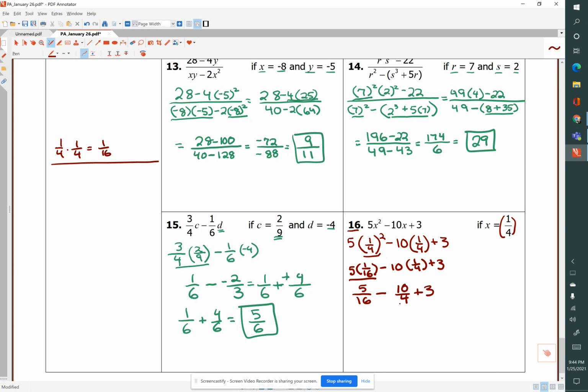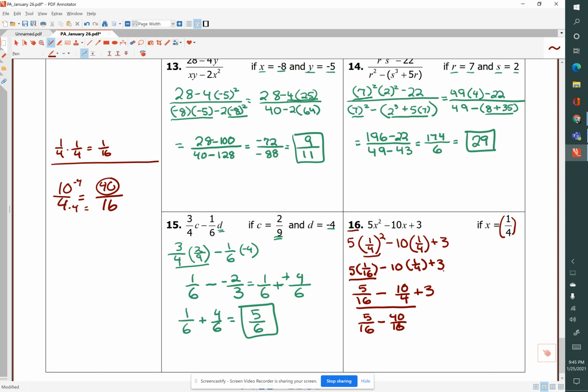So in order to subtract 10/4 from 5/16, we're going to have to convert that 10/4 into 16ths. And we need a new number for the numerator. Well, we know that 4 times 4 equals 16. So we'll multiply 10 times 4 to get 40. So we're going to rewrite this as 5/16 minus 40/16.